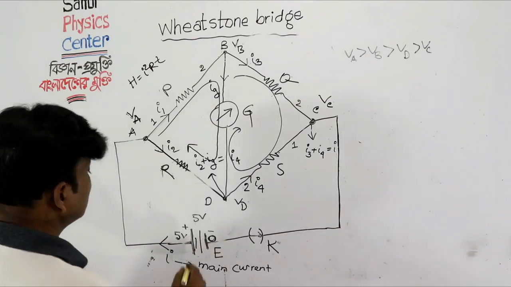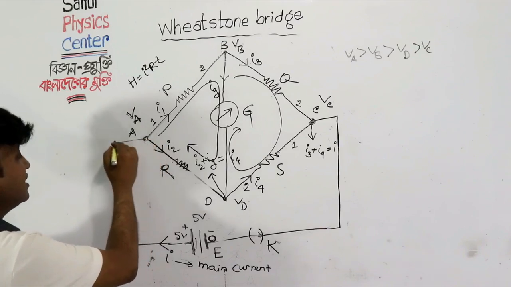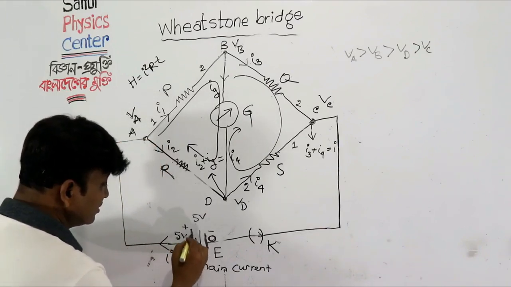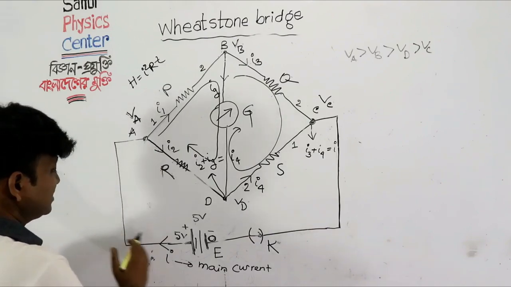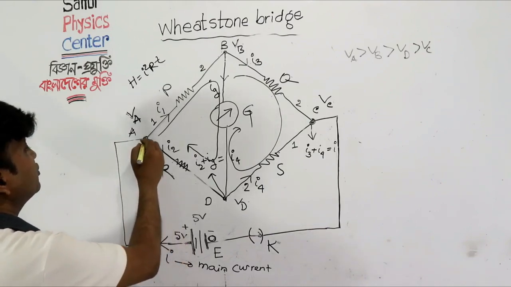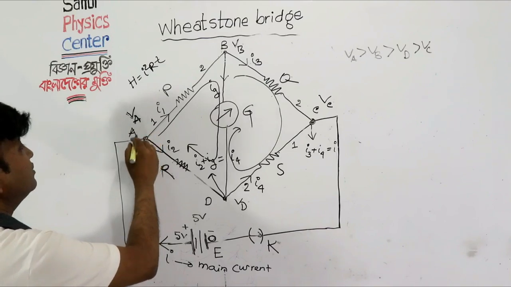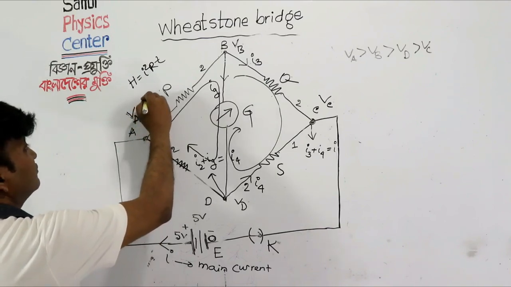Now point A is directly connected with the positive terminal and there is no resistance here. Therefore, the potential at point A will be 5 volt.